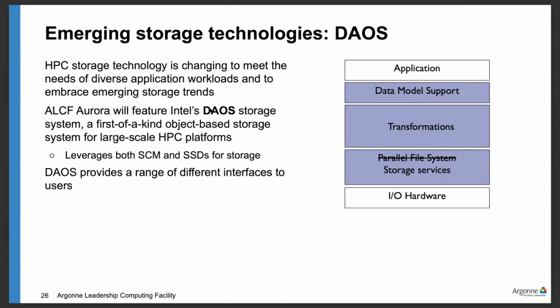ALCF Aurora will feature Intel's DAOS storage system, which is a first-of-its-kind object-based storage system instead of a file system for large-scale HPC platforms. On the hardware end, it uses storage class memory and SSDs for storing data, so it has devices underneath it with really appealing performance characteristics.